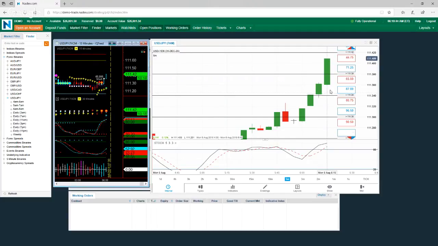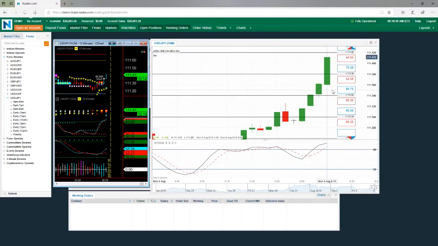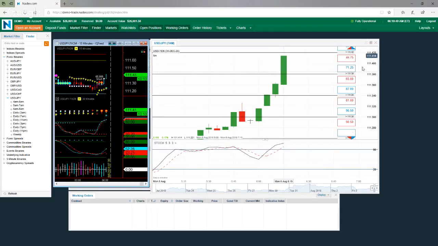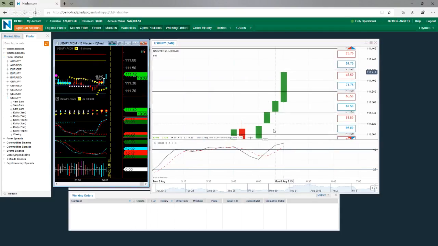In this case, you can see that right now price is moving up. So let's say we would want to go short. How likely is it that it will be below 111.42, for example? Or how likely is it to be below 111.38?